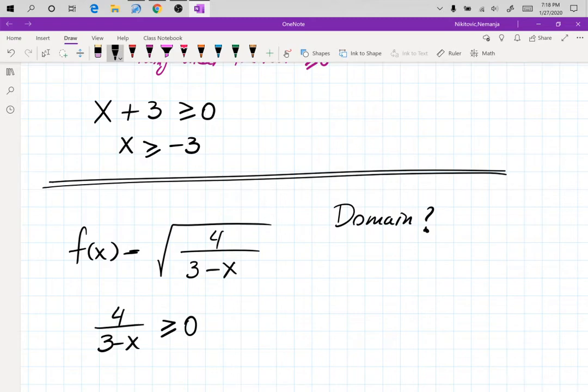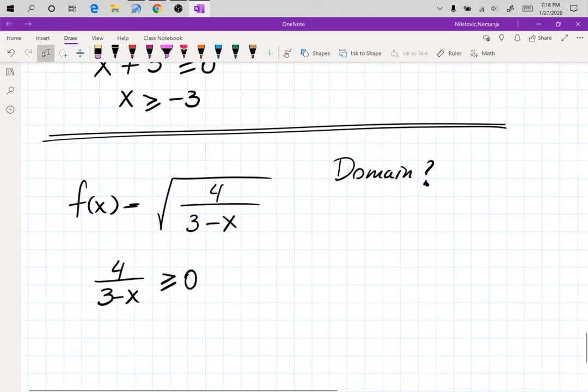Would you multiply both sides by 3 minus x? Good. Multiply both sides by 3 minus x. And we will get what? 4 greater or equal than 0.